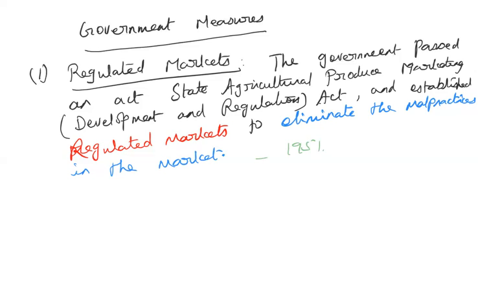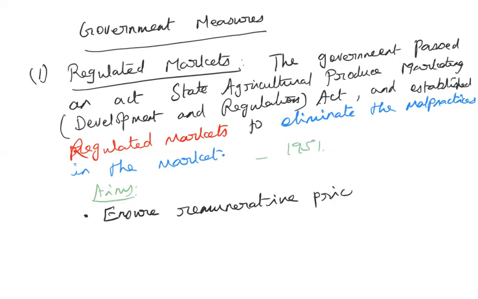Some of the aims of the regulated markets are to ensure remunerative prices. Now the farmers need not depend upon the brokers or the traders. They can sell directly through the regulated markets.